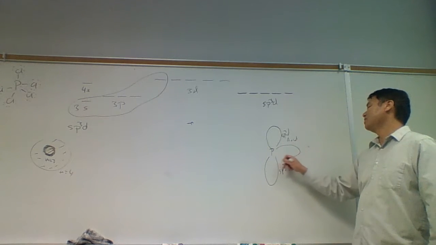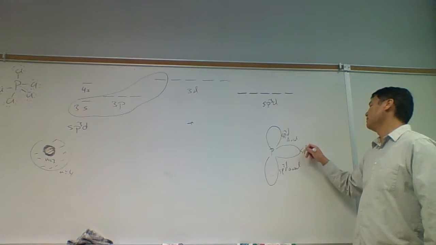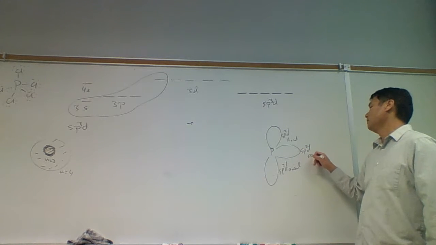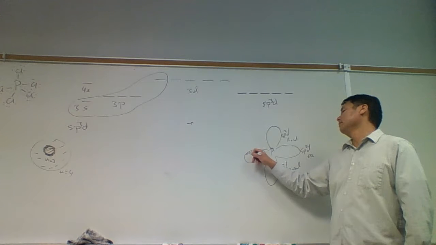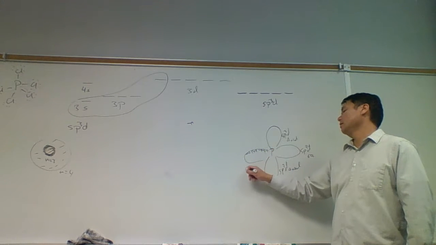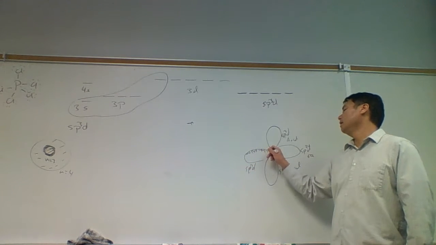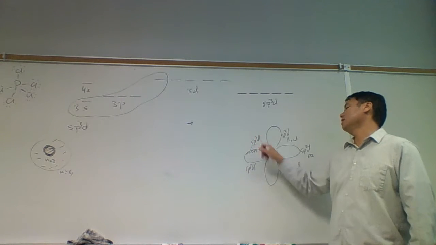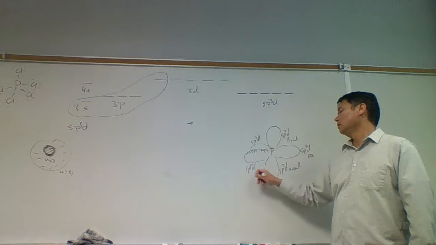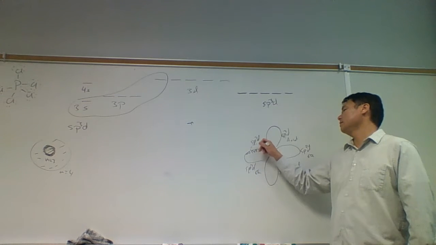And then we have an equatorial here, so this will be sp3d equatorial. And then we have 2 more equatorials, one coming out here and one going in here. So this is what you'd have to draw. This would be equatorial.